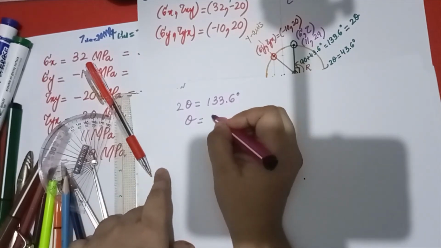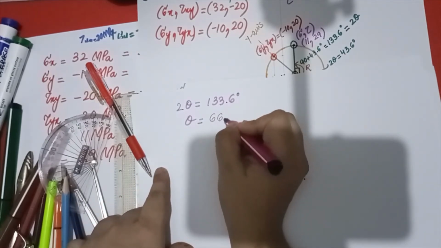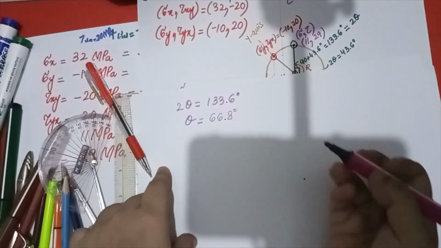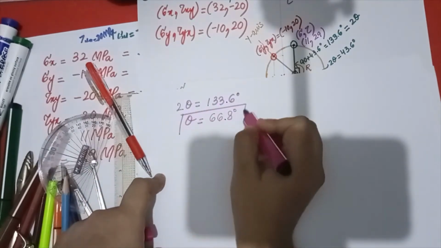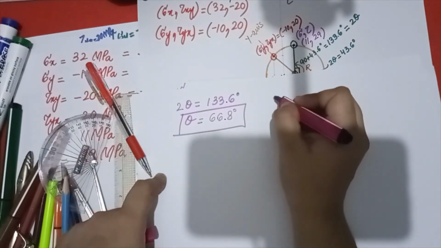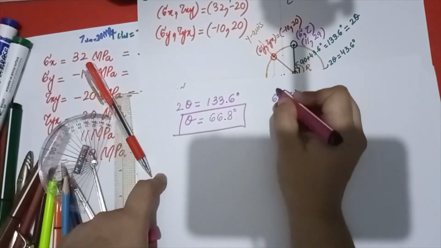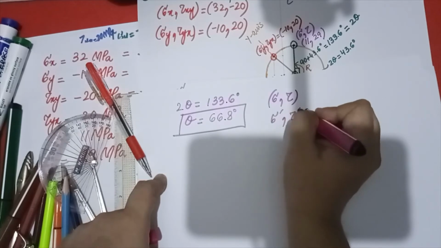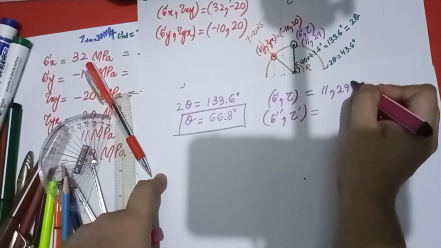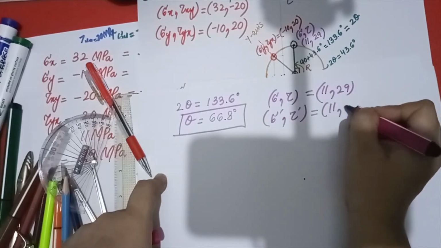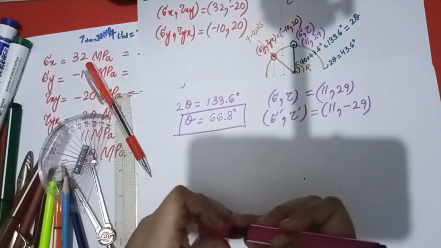Theta is coming out to be 66.8 degrees, by dividing 133.6 degrees by 2. So you will get your theta for the differential element. And the values of sigma comma tau and sigma dash comma tau dash, it's your choice how you can do it: 11 comma minus 29.